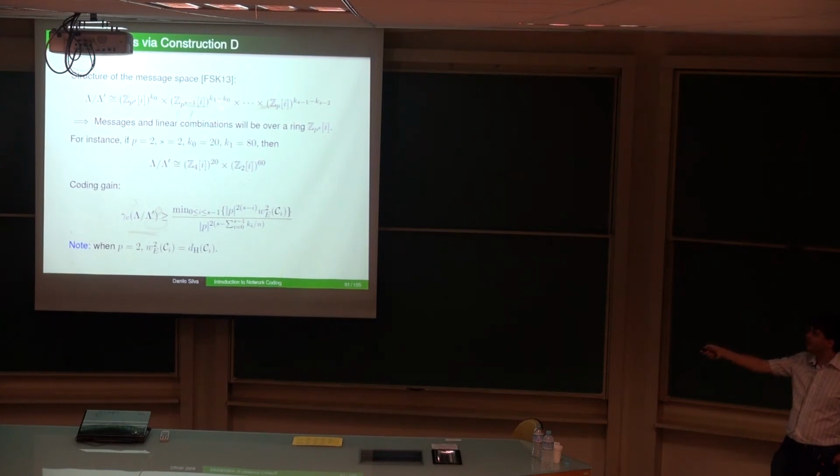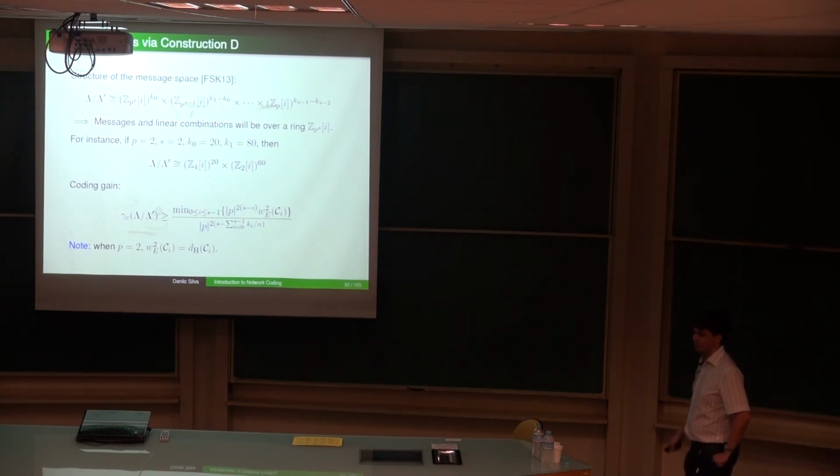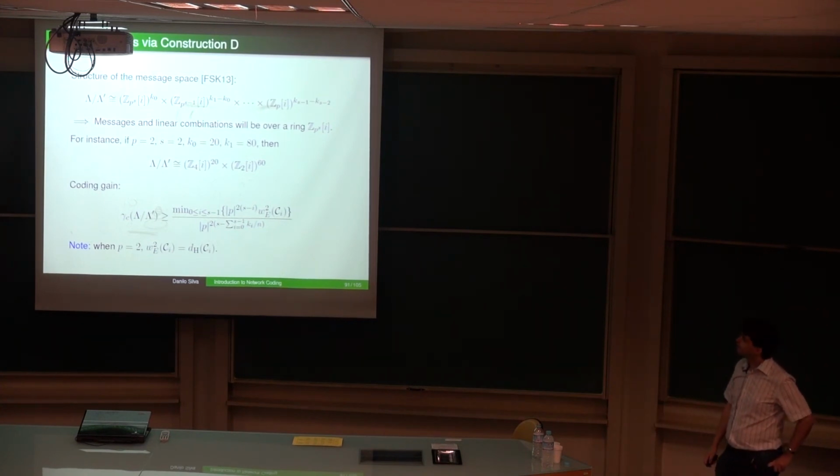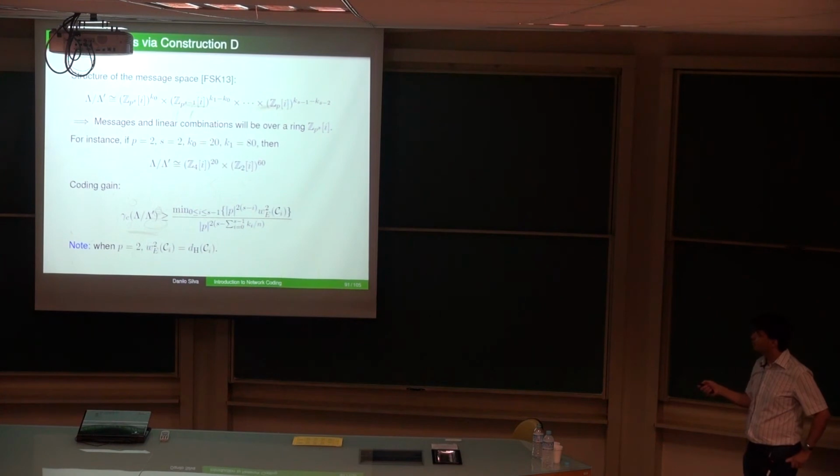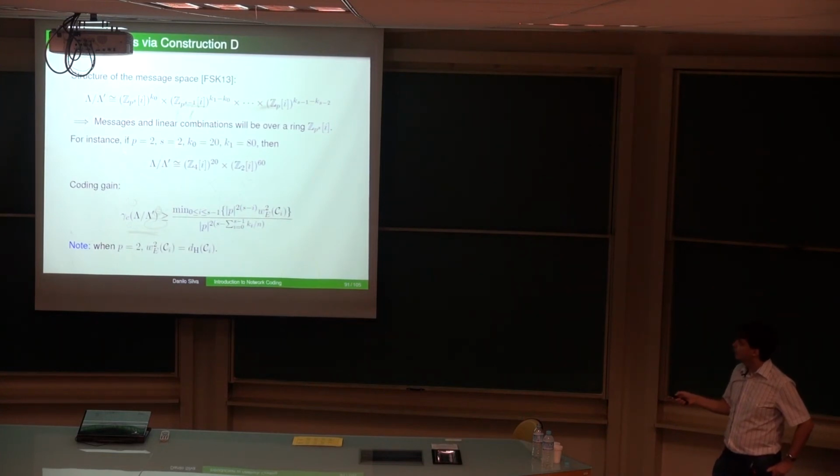And now the message space gets this structure. So this is not trivial to get this structure. Just to give you an example, so this is a module, right? It's not a vector space, this is a much more general structure. So just to give you an example, if you use two nested linear codes, with dimensions 20 and 8, for instance, and if you take P equal to 2, then this is the message space that you get.